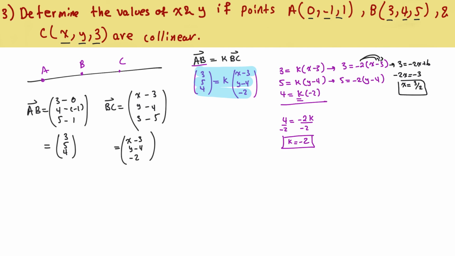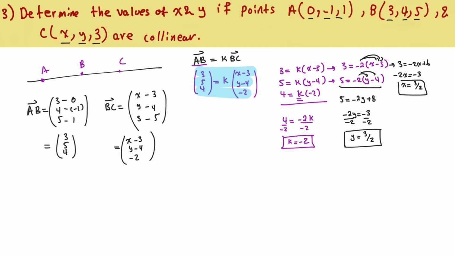For my y value, I'm going to use this equation. So 5 equals, expanding, negative 2y, and negative 2 times negative 4 is plus 8, and I get negative 2y equals, subtracting 8 from both sides, negative 3. Then I'm going to divide both sides by negative 2 to get the y value also equal to 3 over 2.